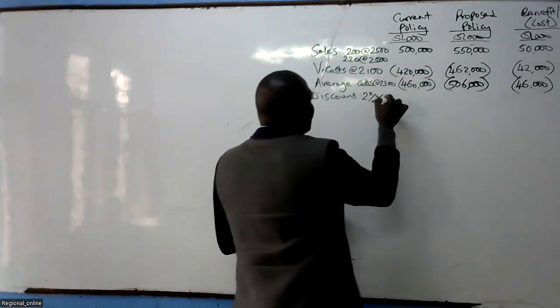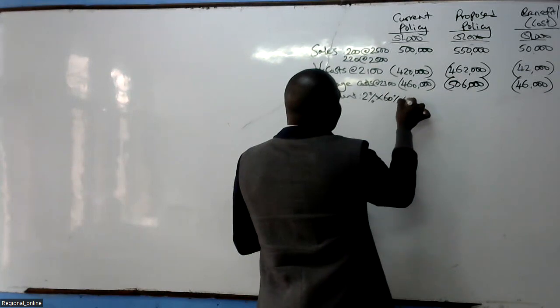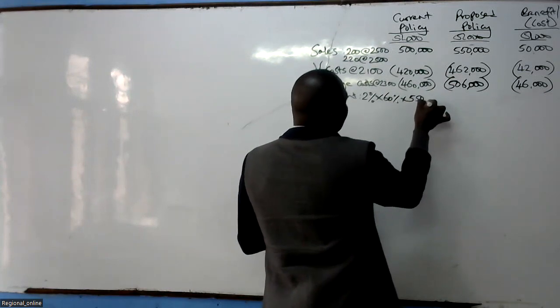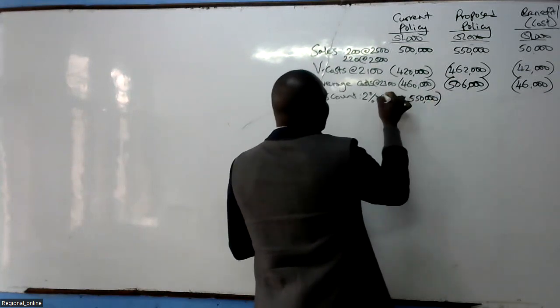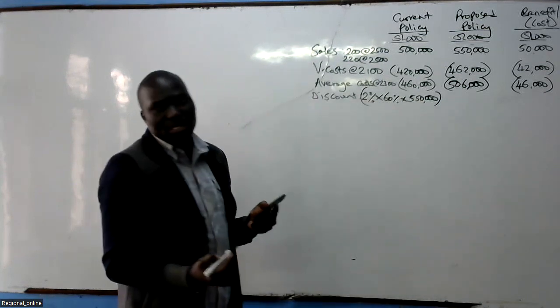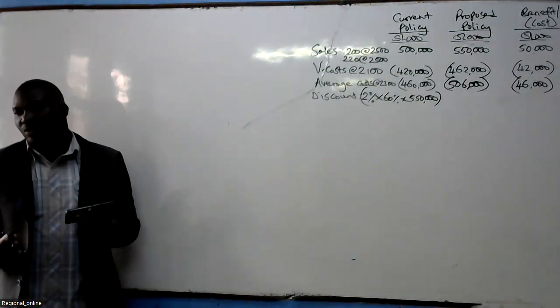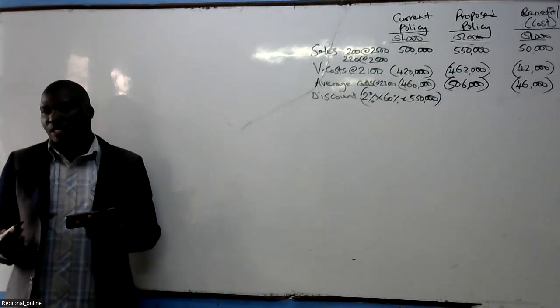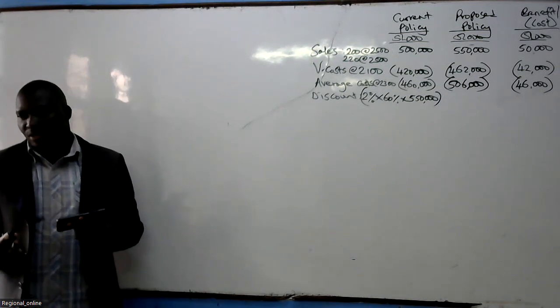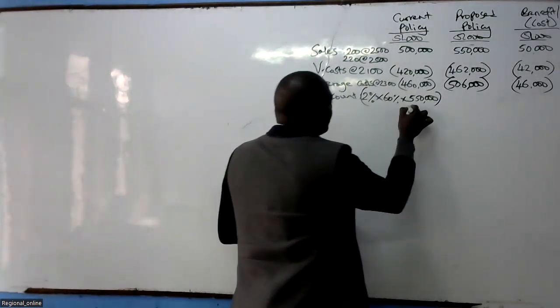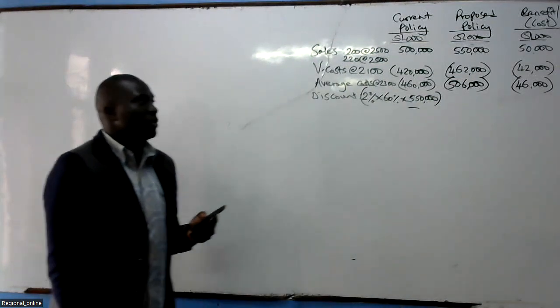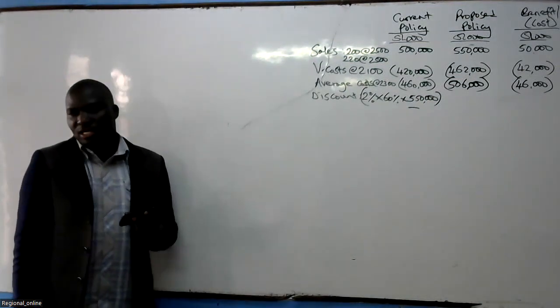So 60% of how much? 550 or 500? Currently, there is no discount. Discount is coming with the new policy. So the new policy gives us a discount of how much as an expense?